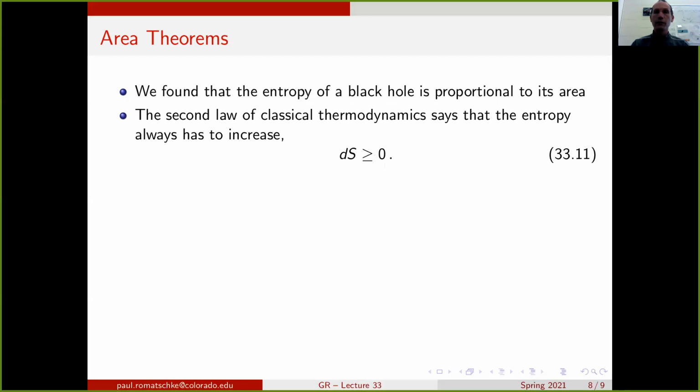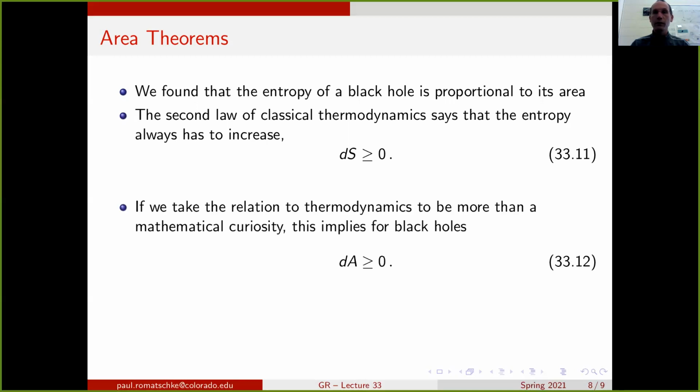In particular, if we want to perturb the black hole, or perturb a statistical mechanics system, its entropy always has to increase. Because now we found this relation between the entropy and the area of the black hole, and if we furthermore assume that this is more than just a mathematical curiosity, this means that the area of the black hole also has to fulfill a law like this. It just says that the area of the black hole also always has to monotonically increase.